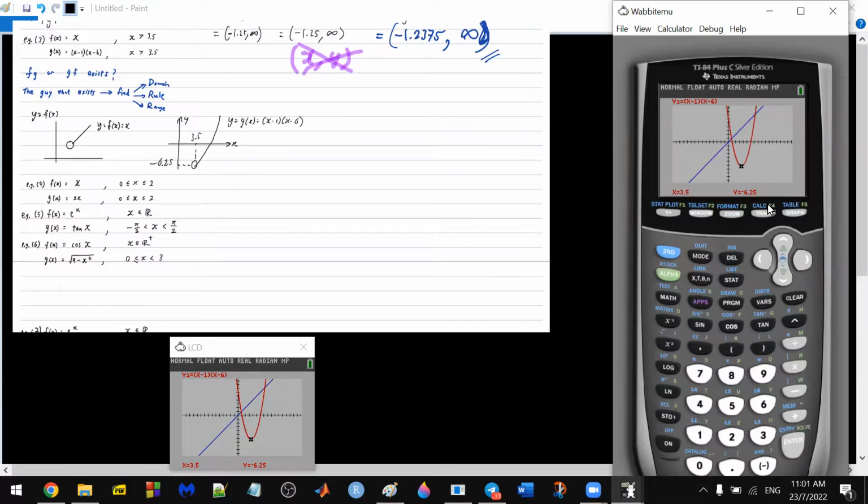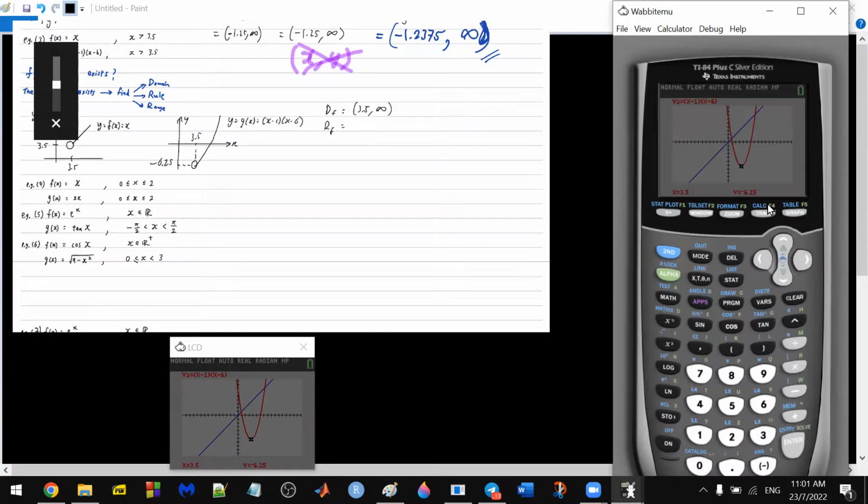Okay. What's your domain of f? What's your range of f? My domain of f is round bracket 3.5 positive infinity. Round bracket as well. And okay, good. Range of f? I got the same thing. Good.